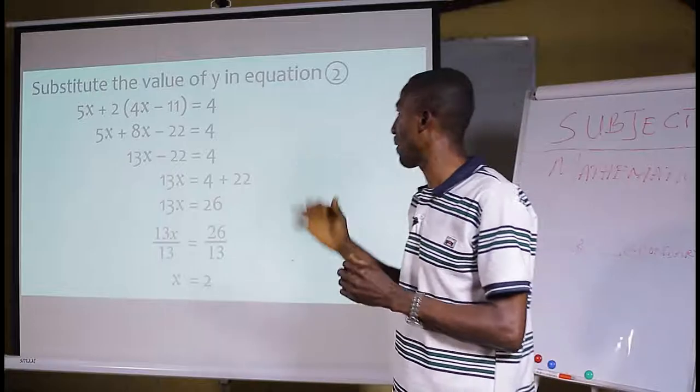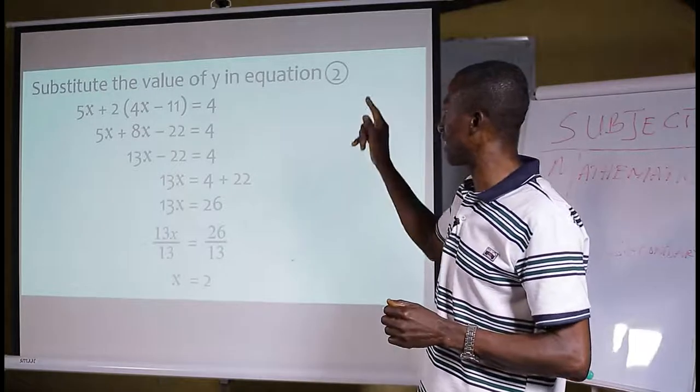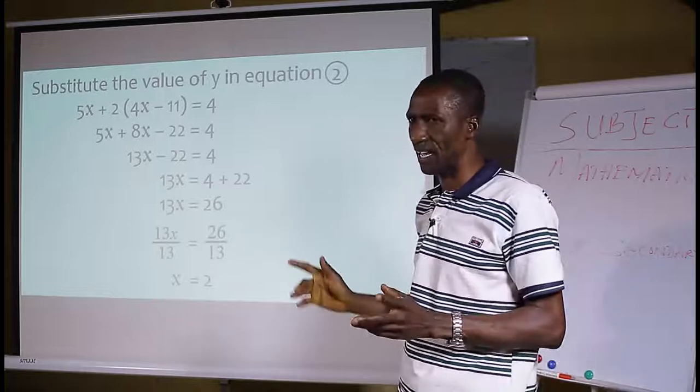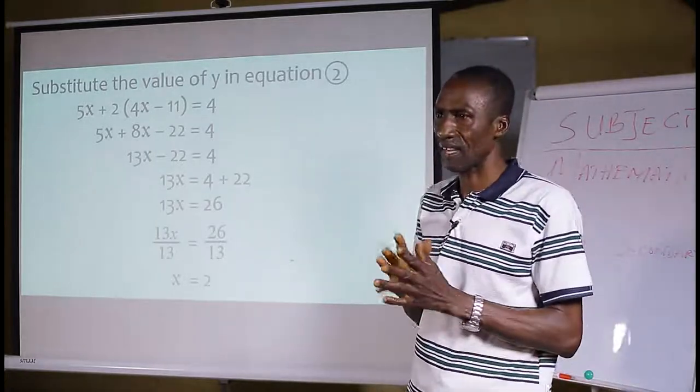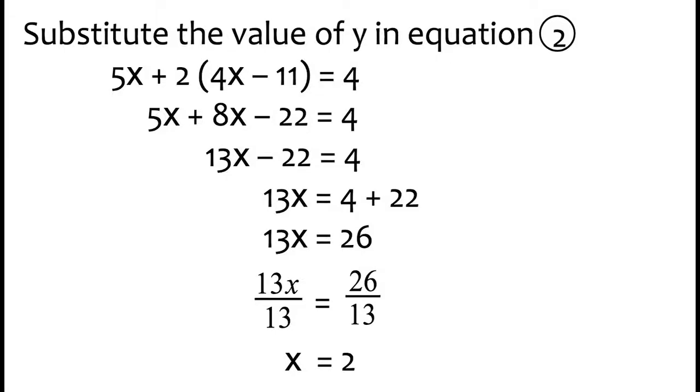Now, by clearing the bracket, 2 times 4x, the answer is 8x. And 2 times minus 11, the answer is minus 22. So, I now have 5x plus 8x minus 22 equals 4.